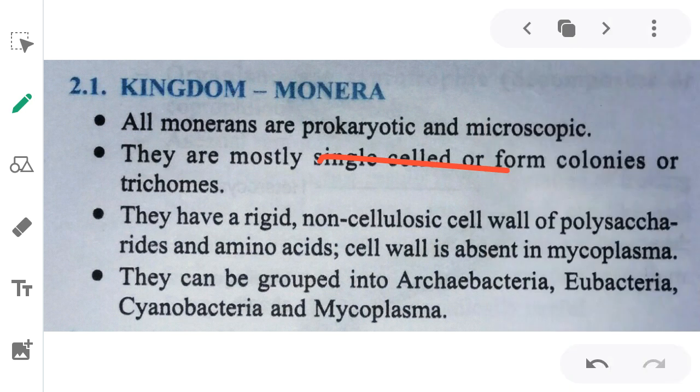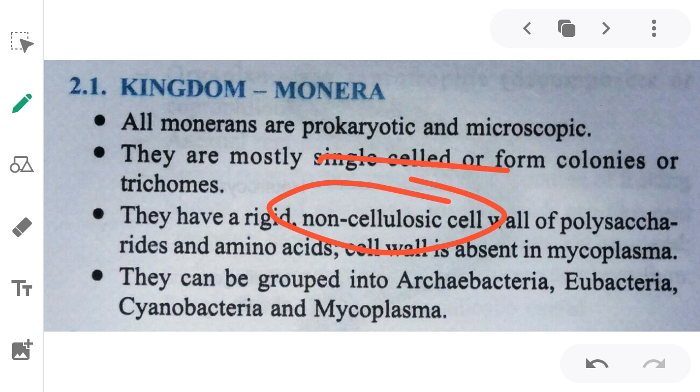So they have a rigid, that means hard, cell wall that is non-cellulosic, remember, not composed of cellulose. The plant's cell wall is made up of cellulose, but here the bacteria's cell wall is not.